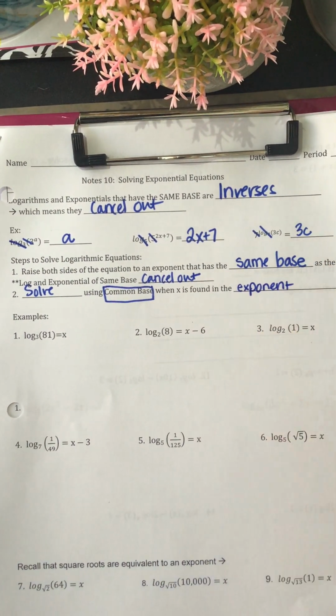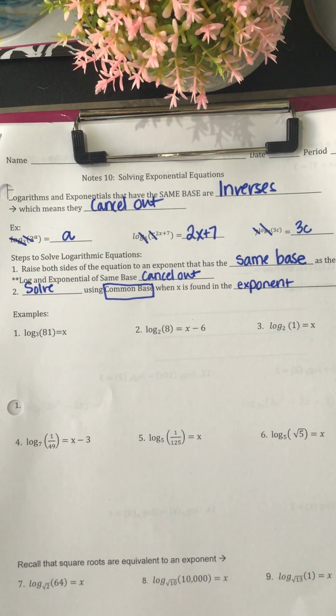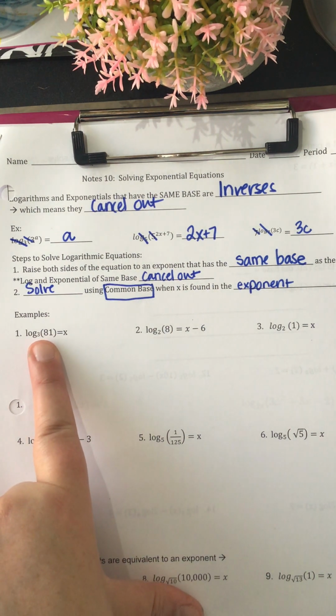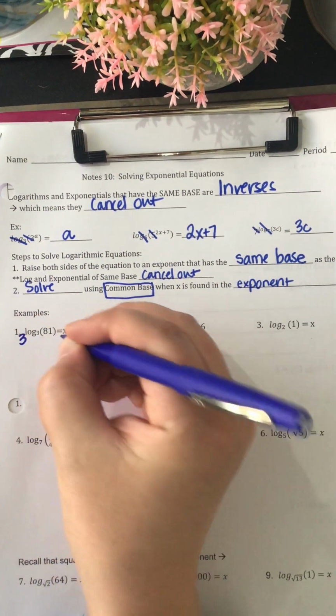Okay, so let's get into it. Take a look at number 1. And remember, last time when we were doing logs, we were kind of ignoring the little number, but now that little number is the base of your log. So what is my little number on number 1? It's a little 3, then I'm going to cross it out with a big 3.